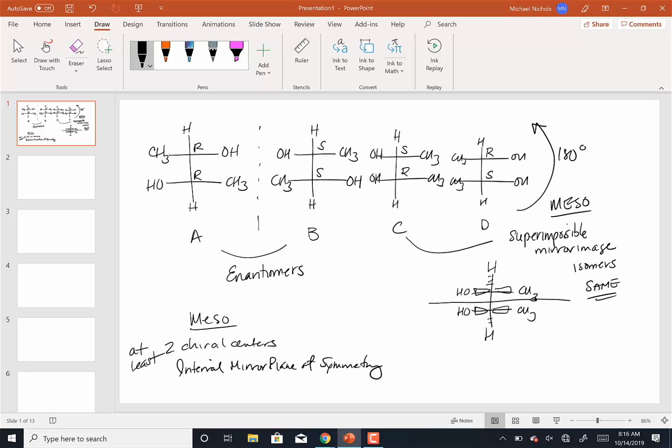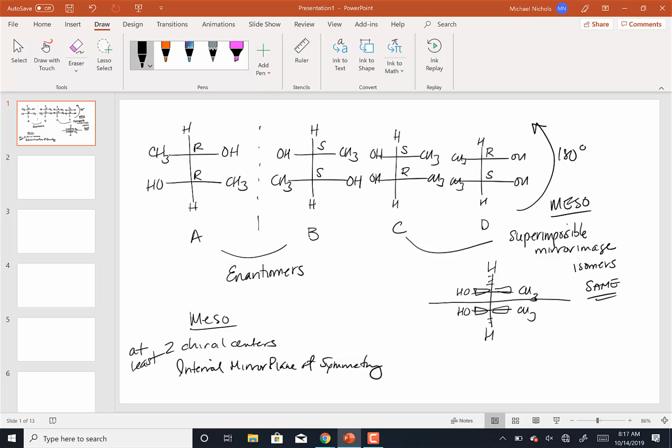And so now the top half is the same as the bottom half. Okay. So in general, another way to define meso compounds is that they have more than 1 chiral center and an internal mirror plane of symmetry. So either one of those definitions works. One's more specific characteristics, and the other one is just kind of a general definition of what it is.